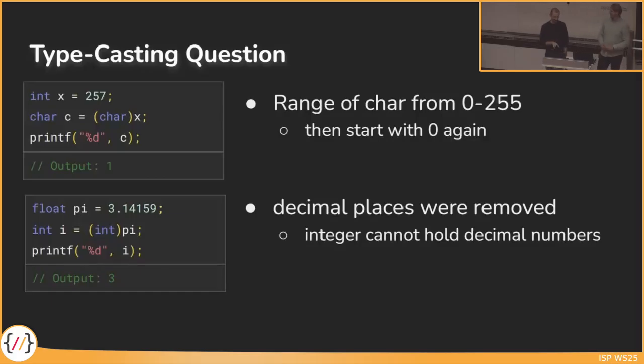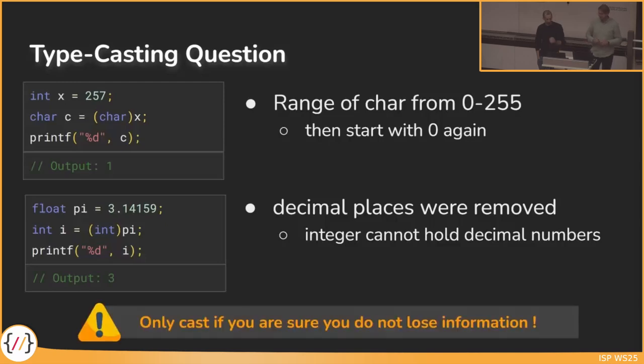A very, very rough definition of pi. I think there are some fields where we calculate pi with 3. I don't know other fields. But if we don't explicitly want to use 3 as the value for pi, we shouldn't do this. So the lesson here is only cast if you're sure you do not lose information, of course.